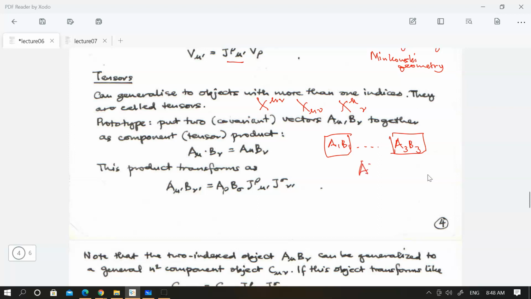AB here is essentially a tensor formed by taking the tensor product between vectors A and B. That's why we call it tensor, by the way.